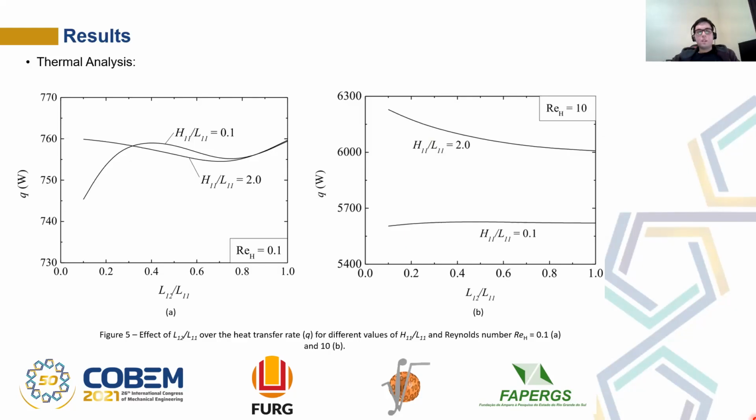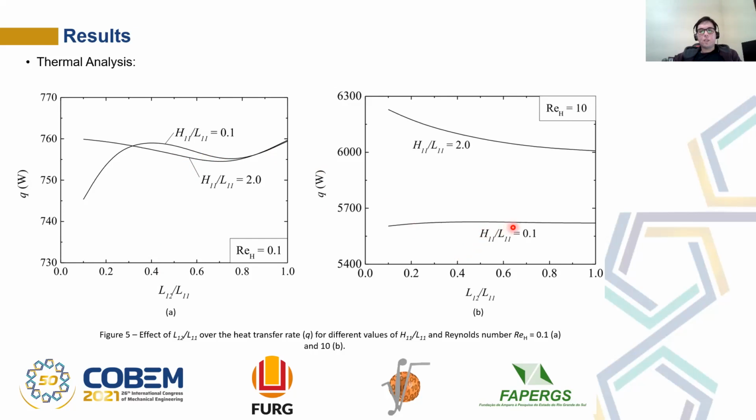The evaluation of the results was done in three steps. First, a thermal analysis, then a fluid dynamics analysis, and last a multi-objective analysis. Starting with the thermal analysis, we have the heat transfer rate for Reynolds 0.1 and Reynolds 10, and we can see the influence of the geometry on the heat transfer rate.